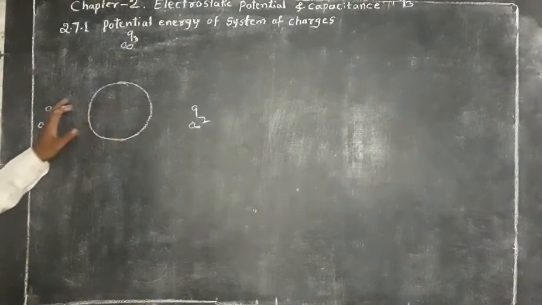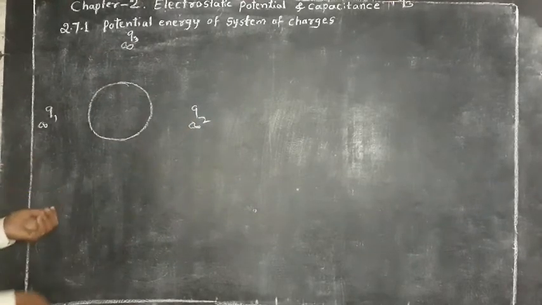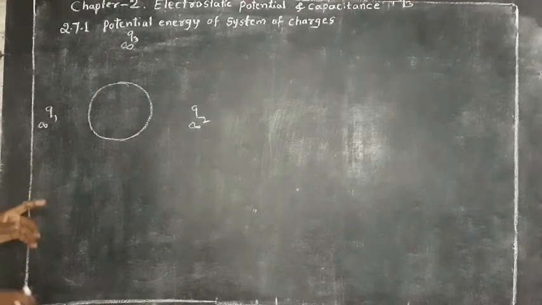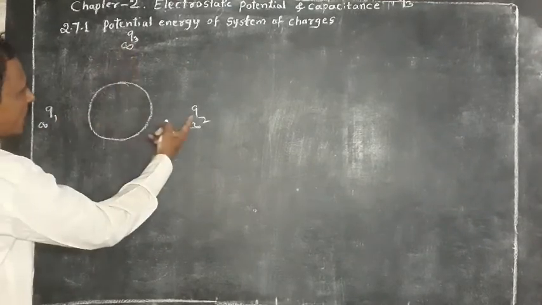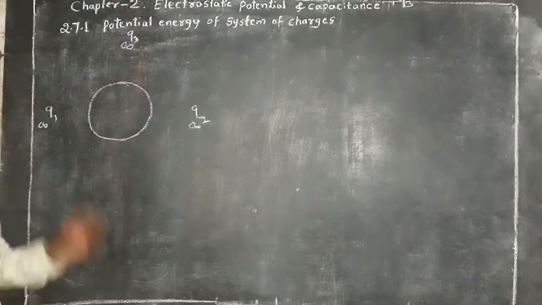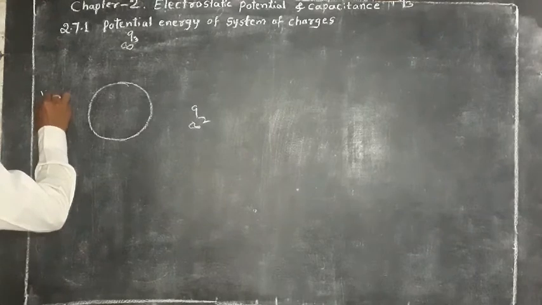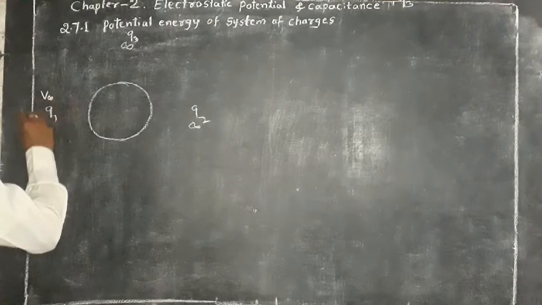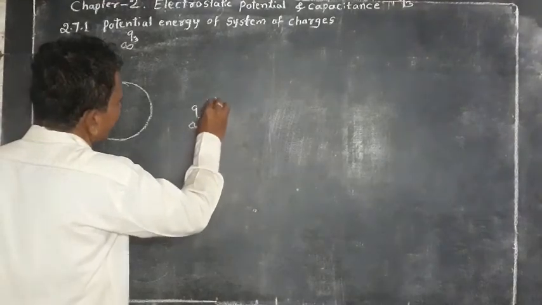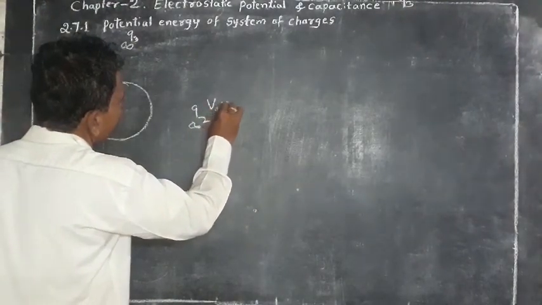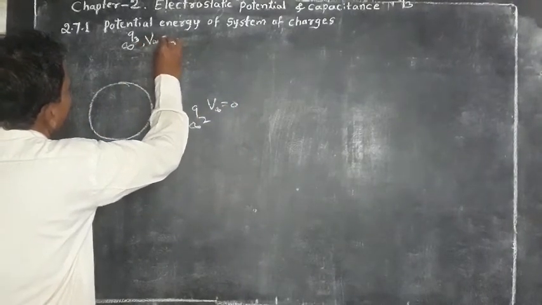At infinite distance there is no force between Q1, Q2 or Q1, Q3 and Q2, Q3. Therefore, the potential at infinity is equal to 0. Here also the potential at infinity is equal to 0. V infinity is equal to 0.